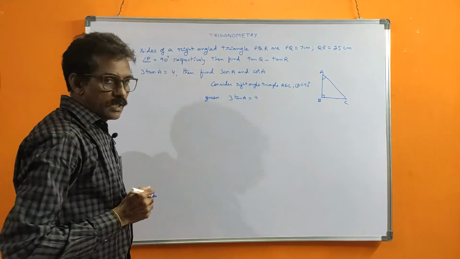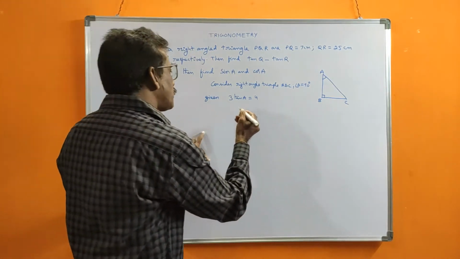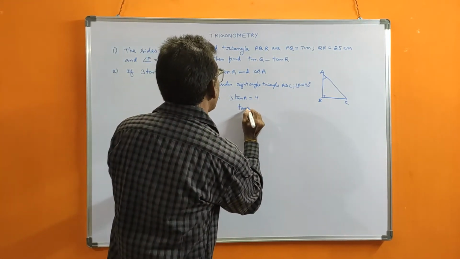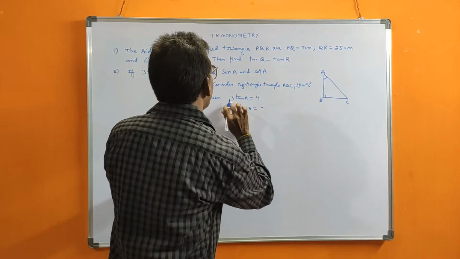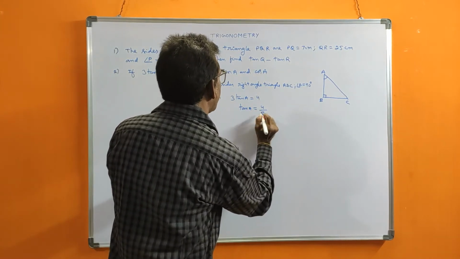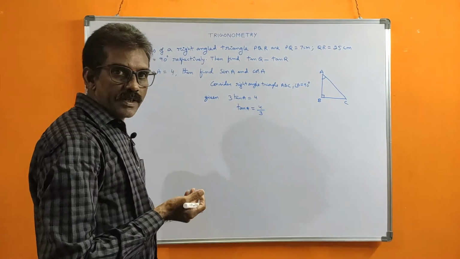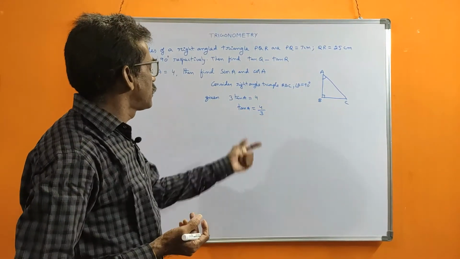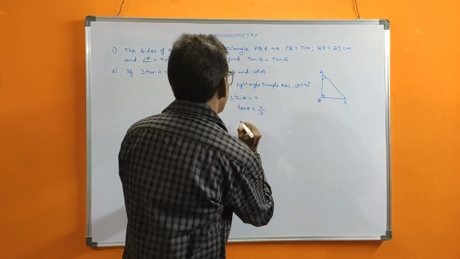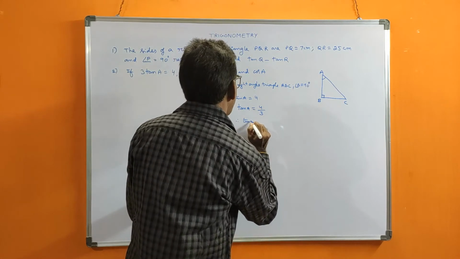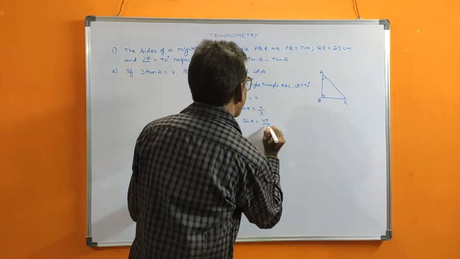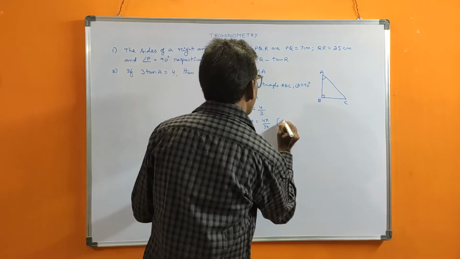This is very simple. Because we want tan A, the 3 comes to this side and divides, so tan A is equal to 4 by 3. Therefore, tan A is equal to 4x by 3x.